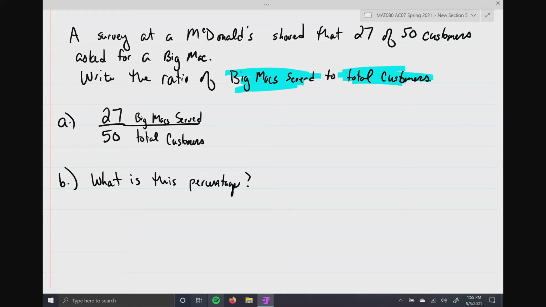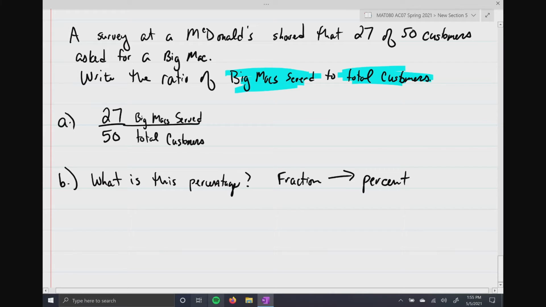So how do I find a percentage if I'm given a fraction? So how do I convert a fraction into a percent? That's the question I'm really asking here. So how do I do that? Put it over 100.